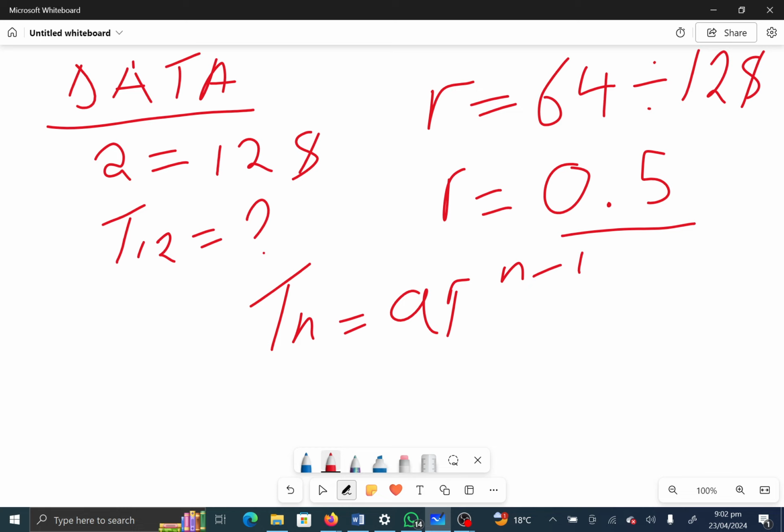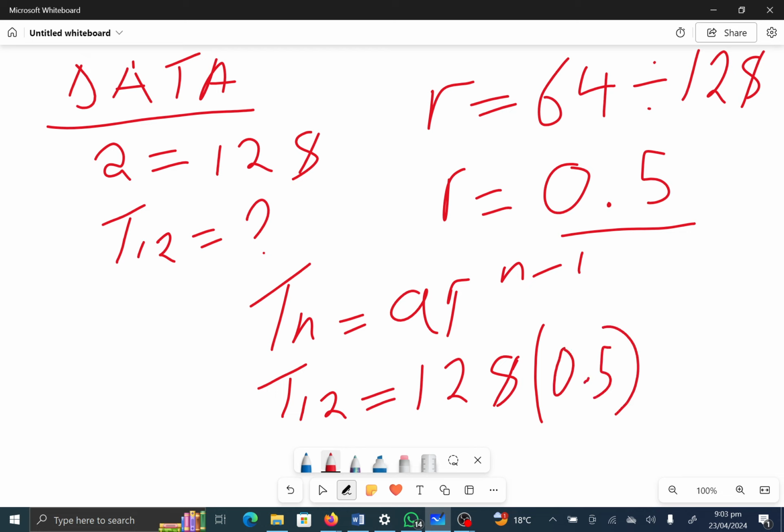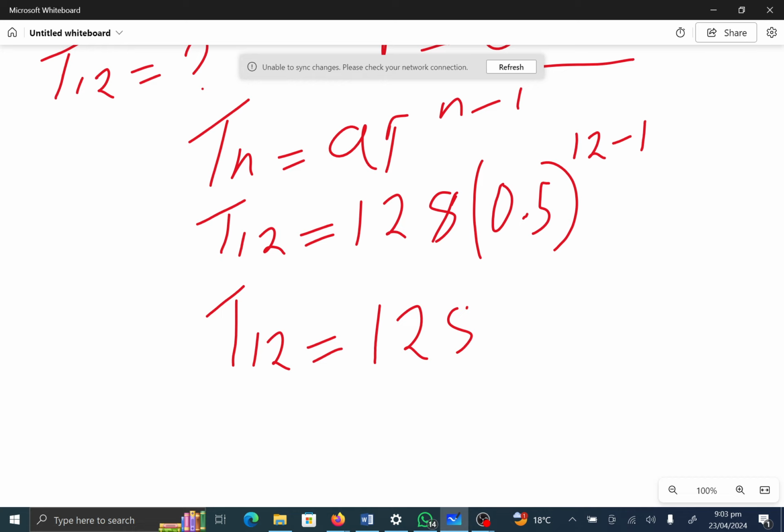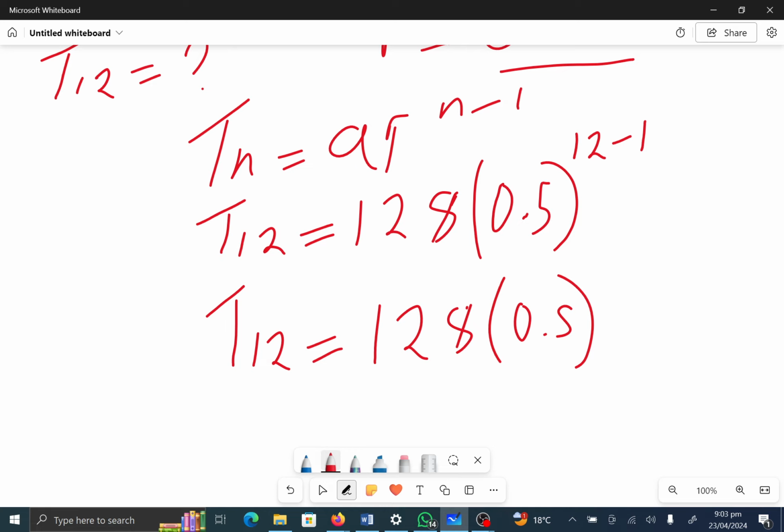Therefore T12, the 12th term, is our A, the first term in this geometric progression, which is 128, multiplied by our common ratio 0.5, to the power 12 minus 1, that is 11.